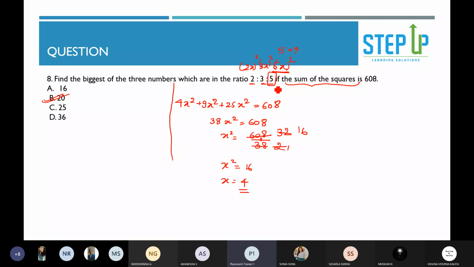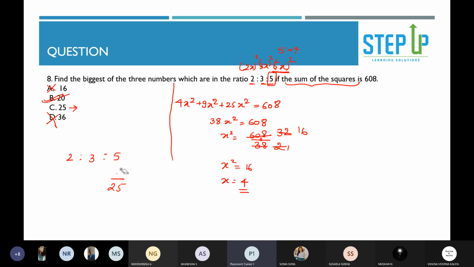If it has to be a multiple of 5, 16 and 36 will get eliminated. Are you getting my point? Let me check with 25. 5 into 5 will give me 25.